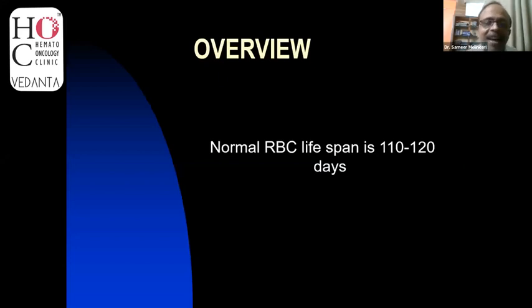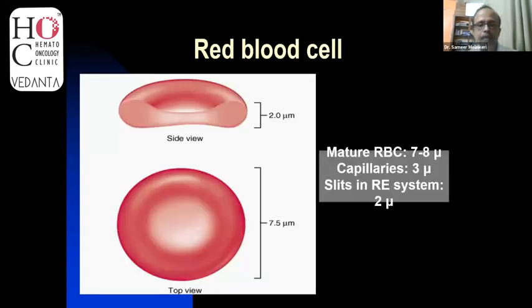Okay. So the normal RBC lifespan, as we know, is about 120 days, and the red blood cell is like a Mary Poppins umbrella. There's a dip in the center, and there's an elevation towards the sides, and this is the side view.